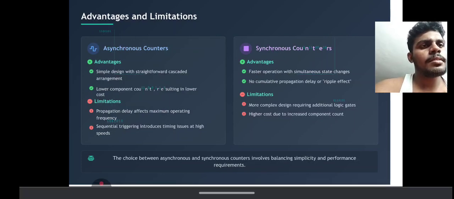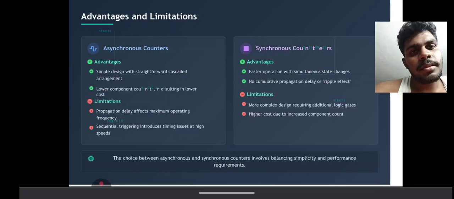Synchronous counters have the advantage of faster operation, with fast state changes and no cumulative propagation delay. Limitations: more complex design requiring additional logic gates, and higher cost due to the increased component count. Choosing between synchronous and asynchronous counters involves balancing simplicity against performance requirements.